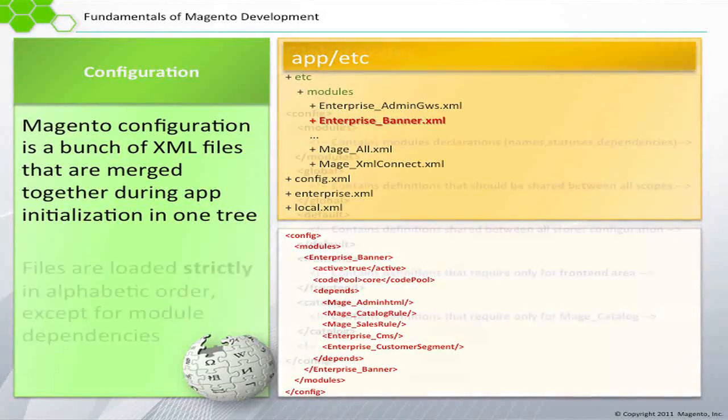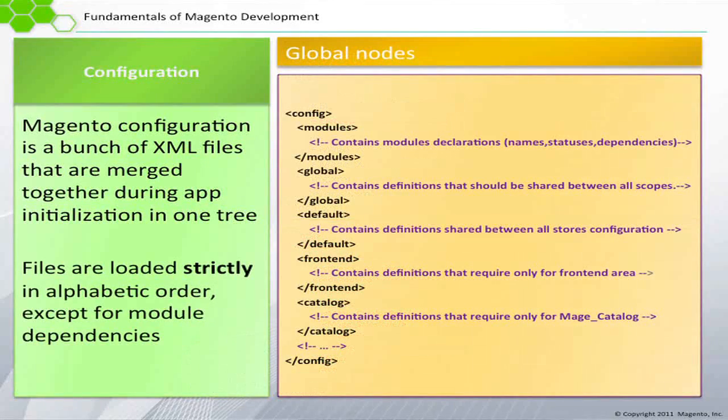So now we will start to look at the configuration itself. So in general, keep in mind that configuration files are all merged together into one structure from active modules.